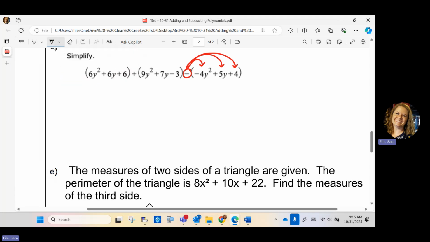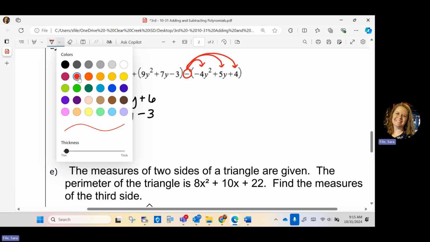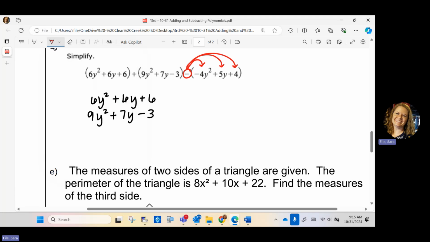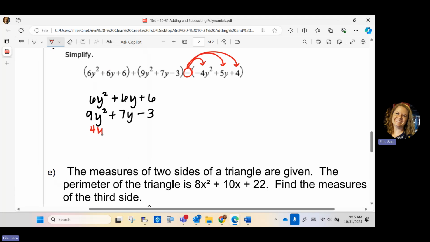So you can stack all 3 together. Here's the first expression, and then the second expression. And then the third expression with that negative distributed would be positive 4y squared minus 5y minus 4.